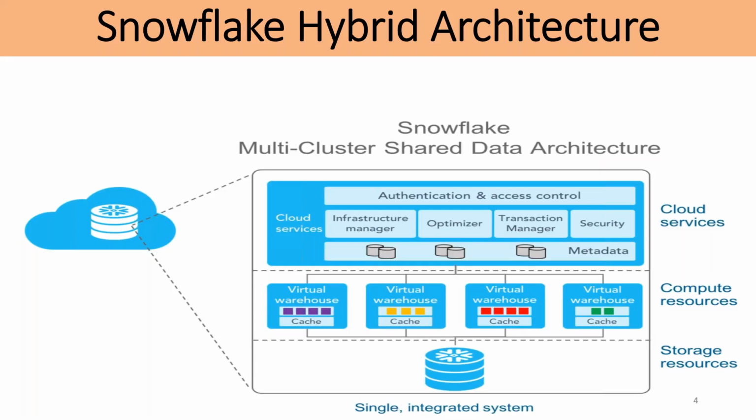We talked in detail about the cloud services layer and the metadata layer, infrastructure optimizer, transaction manager, security, and all this stuff, right? This is pretty much the core part of the architecture, and it's also called the global services layer. Okay, and we talked about virtual warehouses.